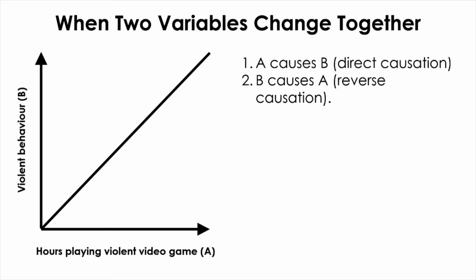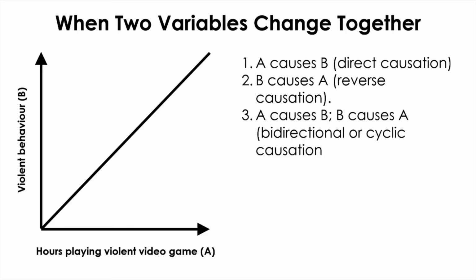So if the reverse is a possibility, then these two variables can be perpetually causing each other. In other words, the more you play violent video games, the more violent a person you become. The more violent a person you become, the more you will seek out to play more violent video games.